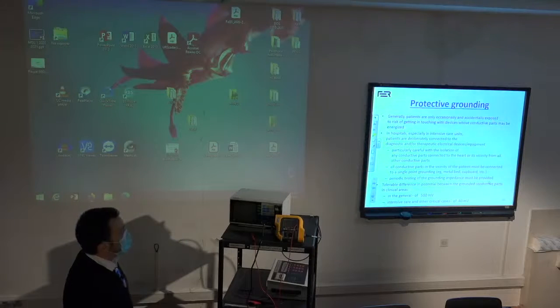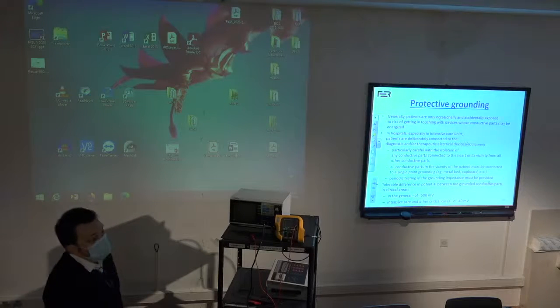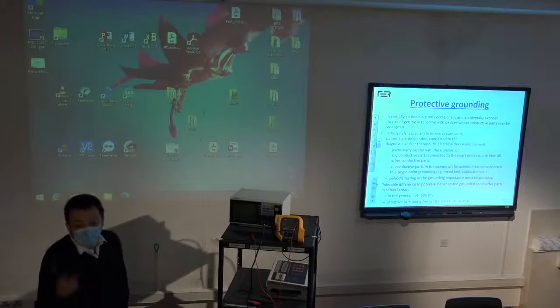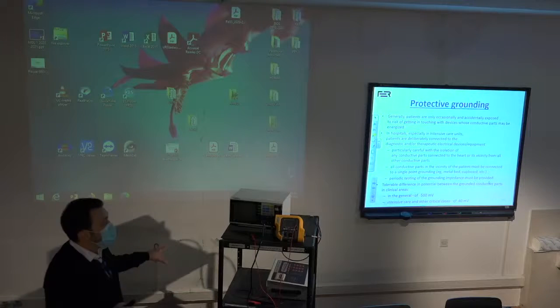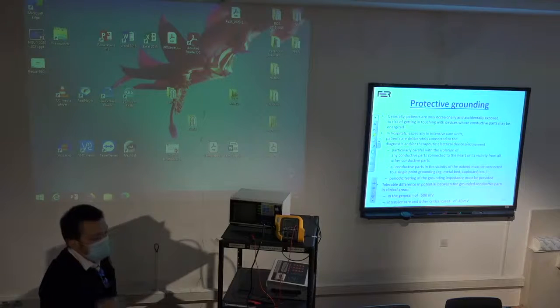So the main protection against the macro and micro shocks is protective grounding. The protective grounding is the third wire that we have in the mains, and it is locally connected to the earth, so that all the currents flowing to the protective ground cannot cause voltages high enough to do any damage to the heart in terms of macro or micro shocks.